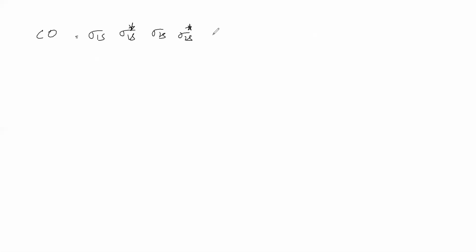Then shall we give sigma 2pz or pi 2px? As for carbon, we give pi 2px equal to pi 2py, then sigma 2pz. In the previous case we gave the order like oxygen, now like carbon, so sigma 2pz is written after pi 2px.